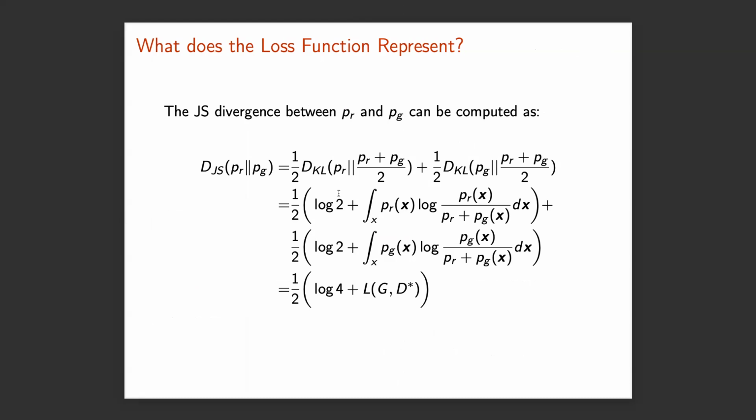And when you compute that one, you can actually show that this becomes equal to the quantity which you see here, where you have a log 4 plus the cost function with the optimal discriminator.